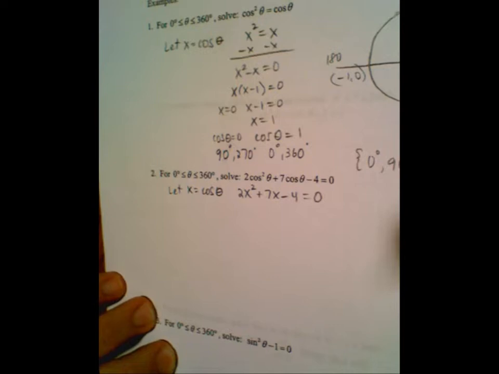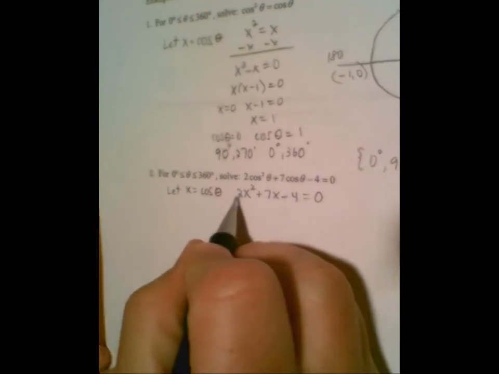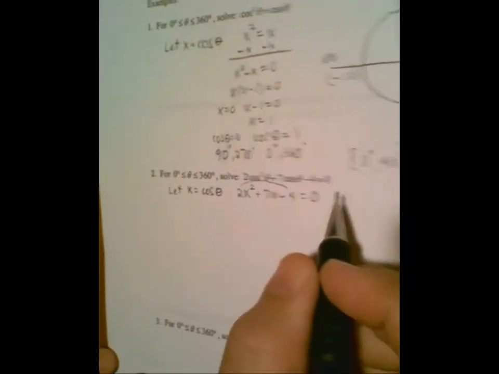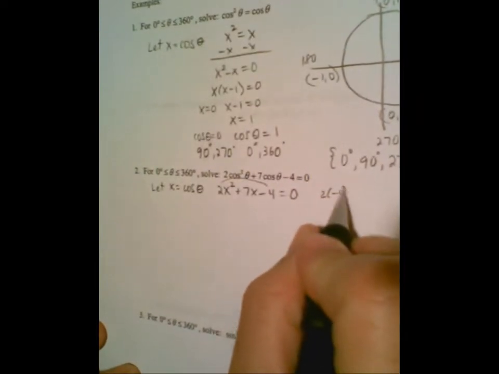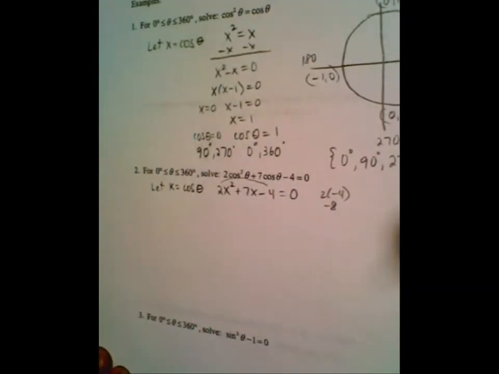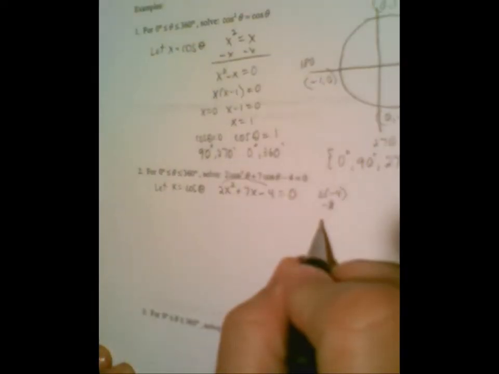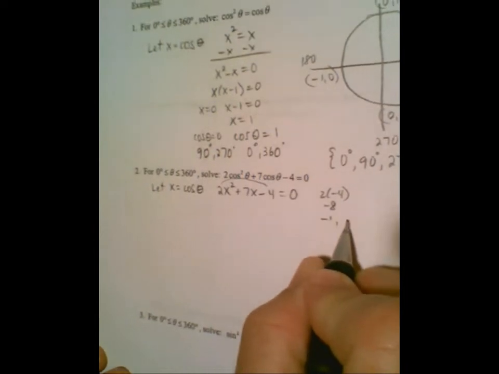So I just replace the cosine thetas with x's. Now we're going to do the AC method, right? Because when the a value is not 1, we choose to do that. So we do 2 times negative 4 is negative 8. What two numbers multiply to give us negative 8, but add together to give us positive 7? Negative 1 and positive 8 will do that.